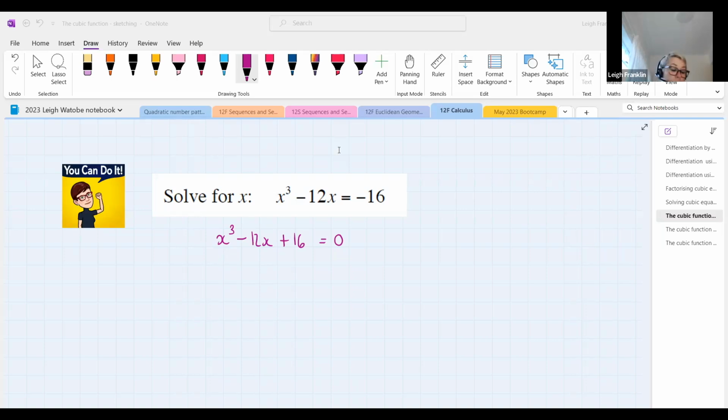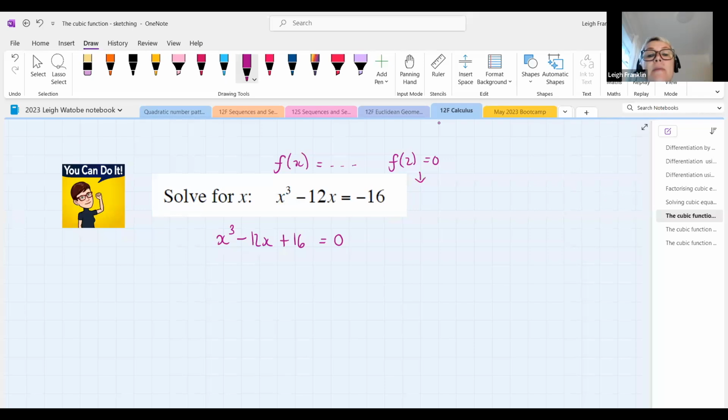Let's try it, guys. Do you have an answer? I think the linear factor is 2. Absolutely. So if this equation was f of x equals whatever it is, then what we're discovering is that f of 2 equals 0.